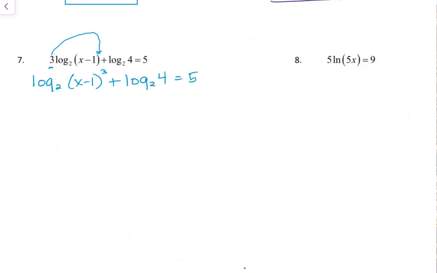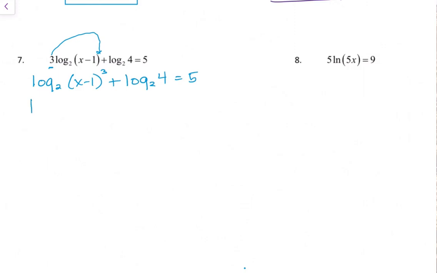is equal to 5. Now at this point, there's 2 directions you can go in. So I'm going to go in one direction and then I'll come back to it and show you the other direction and see if you already had in mind what direction you would have gone in. So one thing is to just strictly follow what we've been doing and go ahead and add these 2 logarithms together.